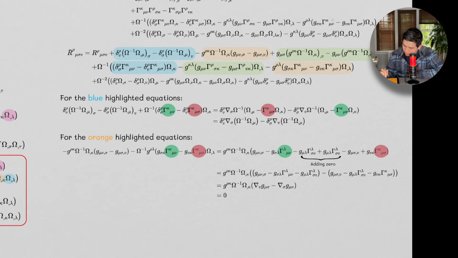Here's our inverse metric, here's that inverse metric, and then we have the d sigma. So these guys with this guy, we're bunching together, and this guy with this guy right here, and we get this.